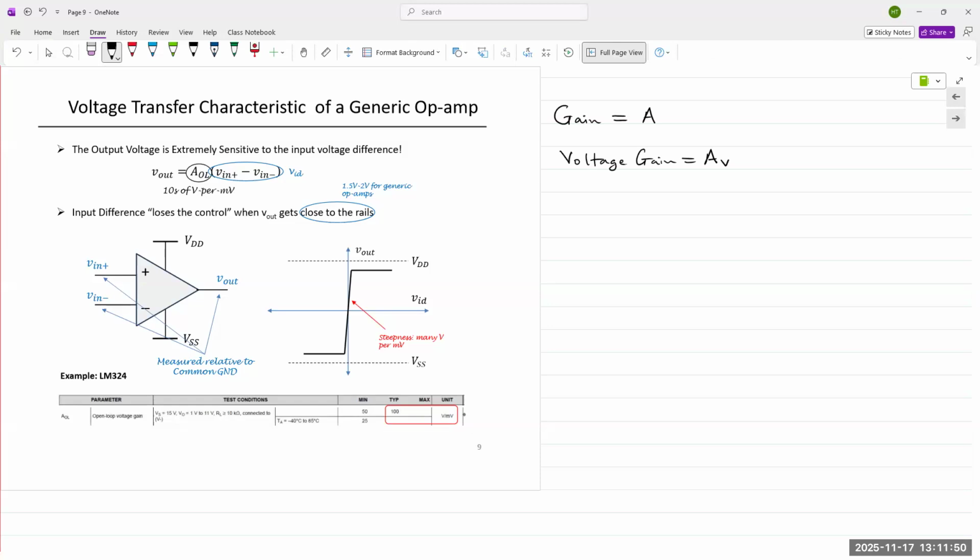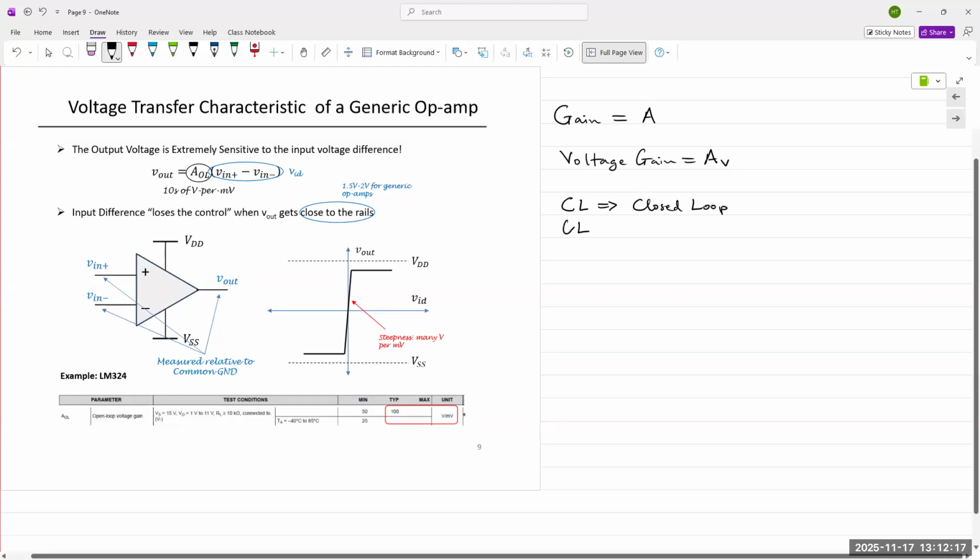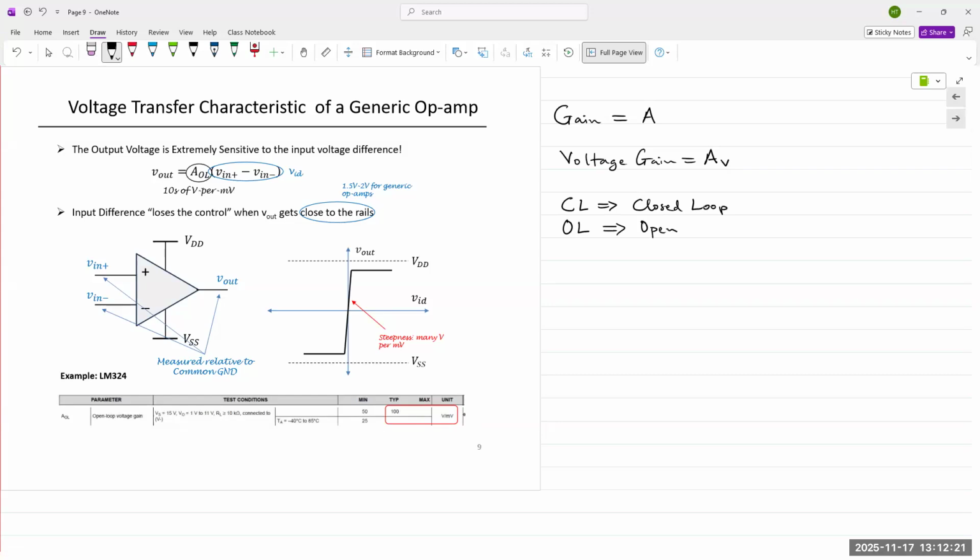So if we take the output and feed it back, we call that a feedback loop, or we also refer to it as closed loop. So the output is being connected back to the input. That's a feedback loop, meaning it's a closed loop. CL stands for closed loop. And if there is no feedback, we refer to it as OL, and OL would be open loop.